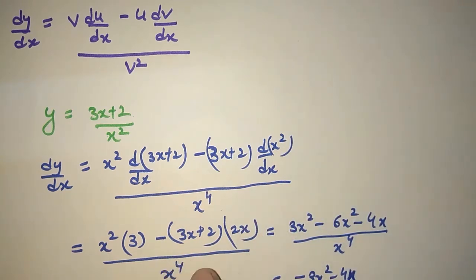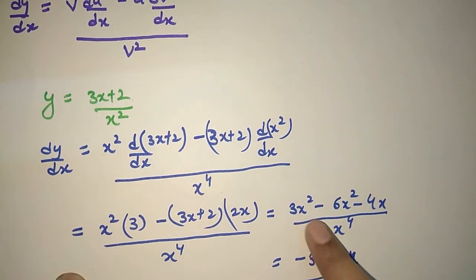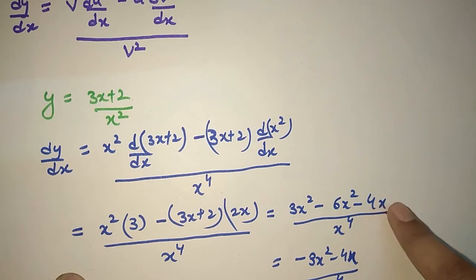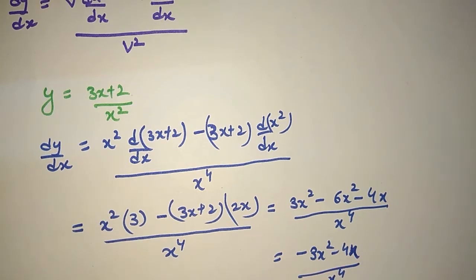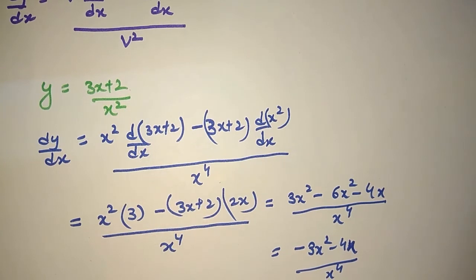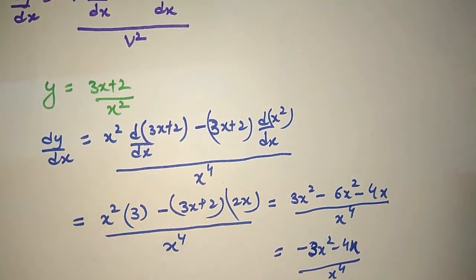Now after little simplification we have 3x square minus 6x square minus 4x, that will be equal to minus 3x square minus 4x upon x raised to power 4. So this is our required answer when we have the two functions in division.